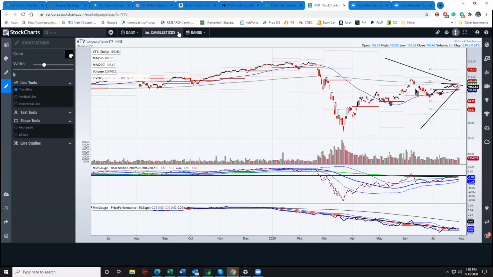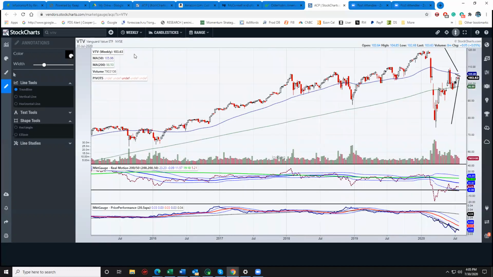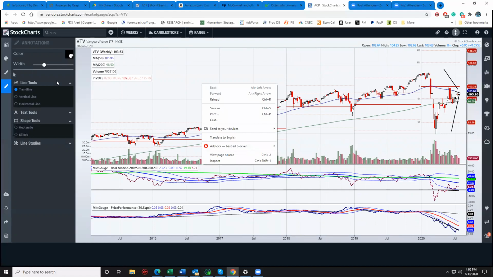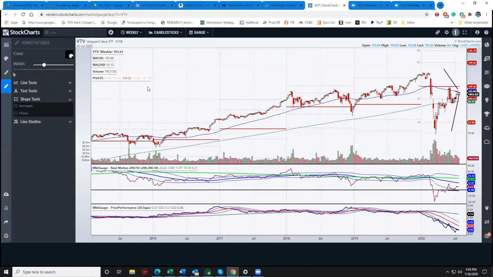And let's take a look at this whole idea of growth versus value and just what's happening. And you can see on the weekly charts, right? Let's go back and hang on. Let's see here, 2017.